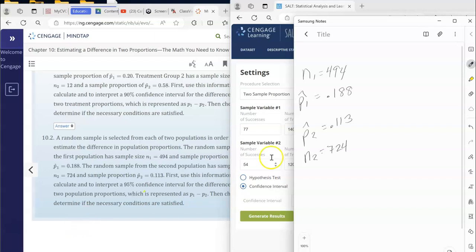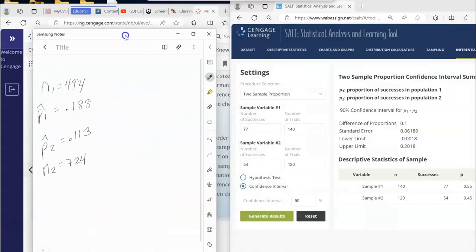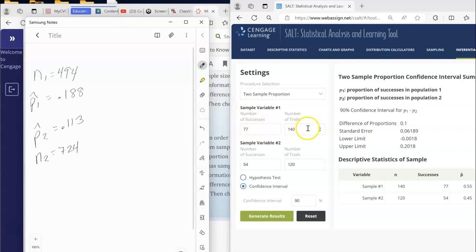So in order to use SALT, we've got to have the number of successes and the number of trials. So we know the number of trials is 494, but we've got to figure out what the number of successes is going to be. So we're going to set up a little mini equation to solve that. So we have x over 494, and that's going to be equal to 0.188. And solving that is going to help us figure out what that x value is going to be. So how do we get x by itself? Well, we do the opposite.